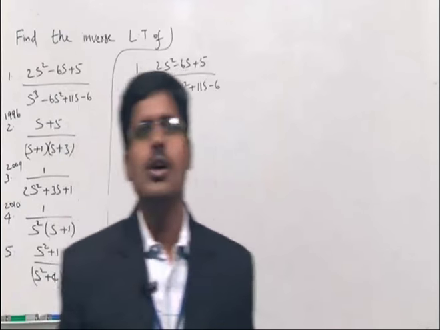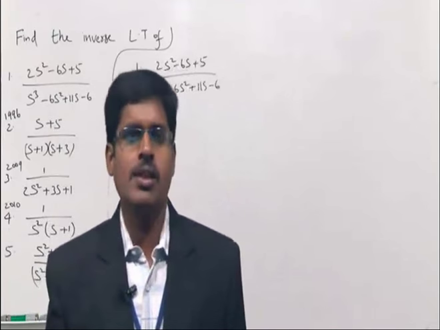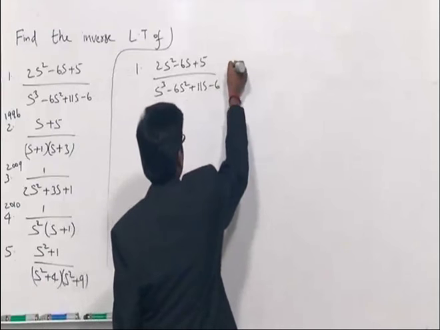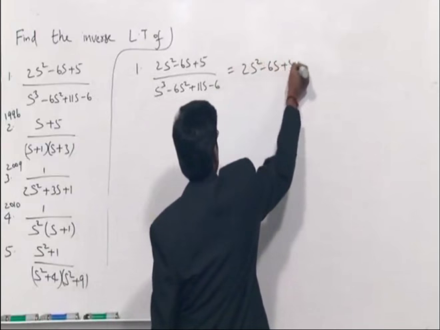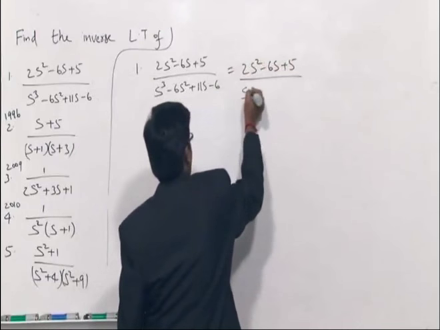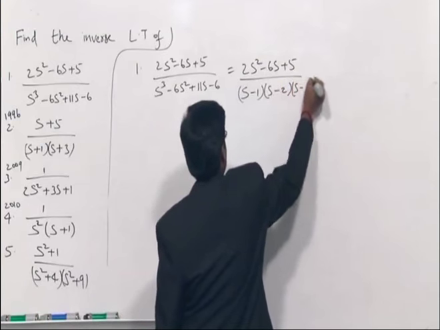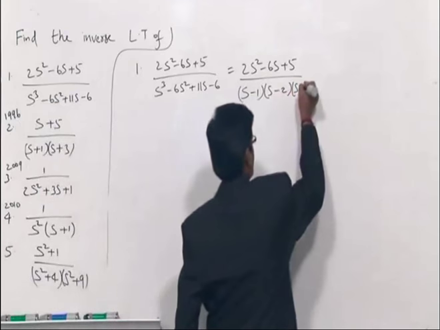We showed this in the auxiliary equation in differential equations. Other roots are obtained by Horner's method or synthetic division. So the denominator is (s − 1)(s − 2)(s − 3), all linear factors which are non-repeated.